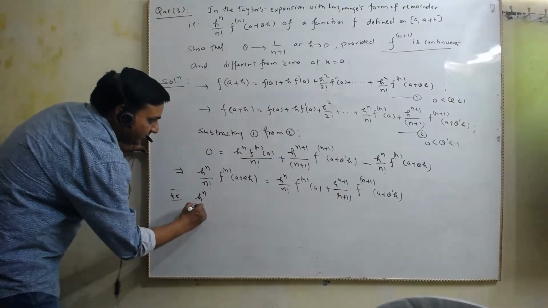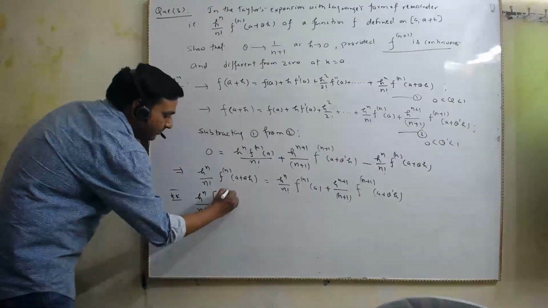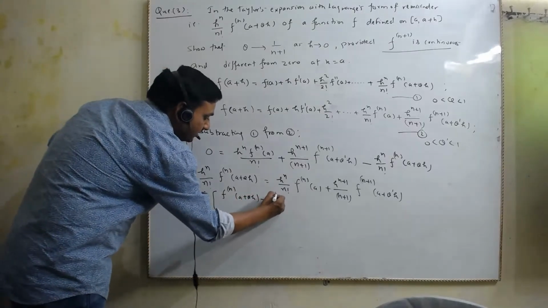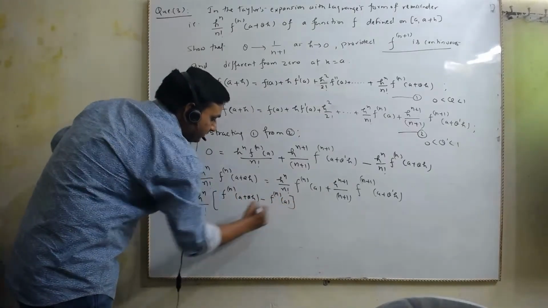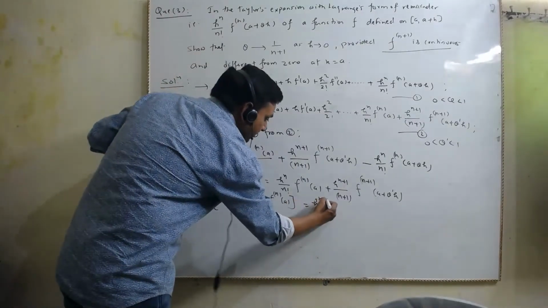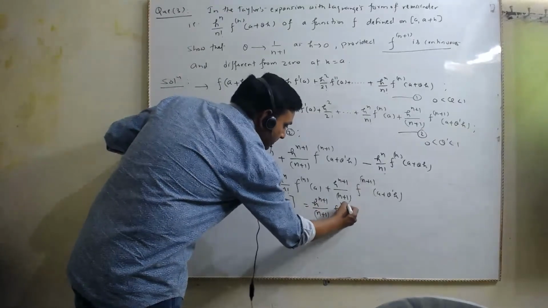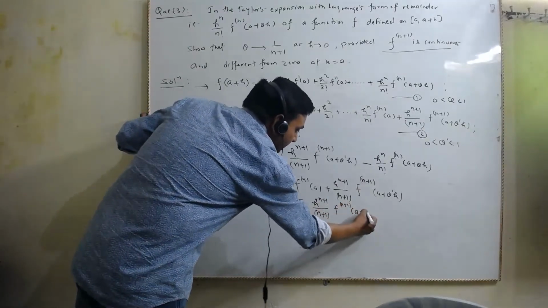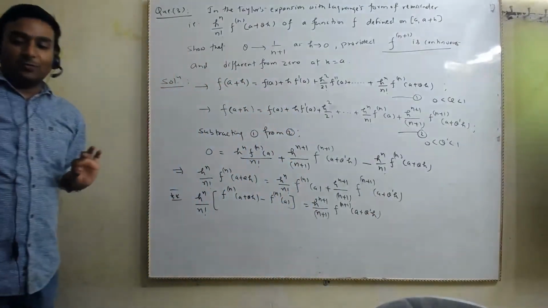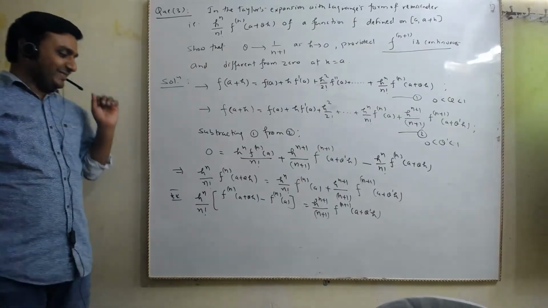So h power n upon n factorial I took common, here I have nth derivative at a plus theta h minus nth derivative at a, right? And the RHS is h power n plus 1 upon n plus 1 factorial, n plus 1th derivative at a plus theta dash h. I hope till here you will have no issue at all.